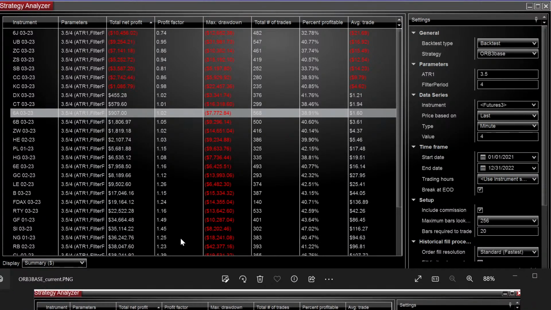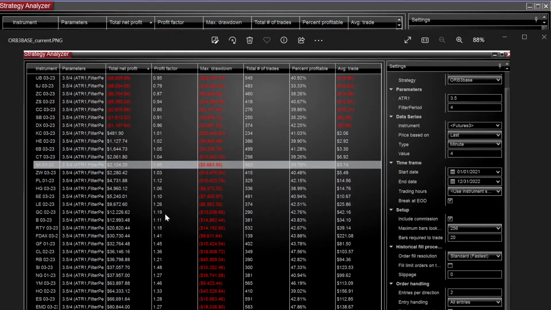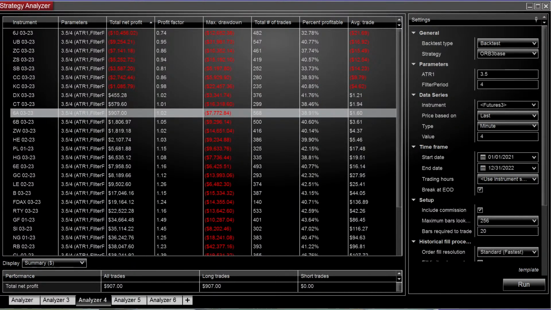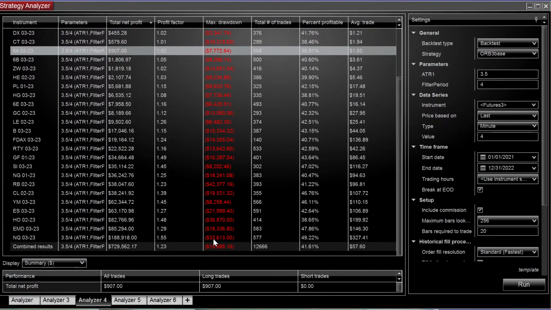Let's look at drawdowns. I think the highest drawdown previously on a product was heating oil. So heating oil had the biggest drawdown, which is 40,000. And let's see what the biggest drawdown is now.